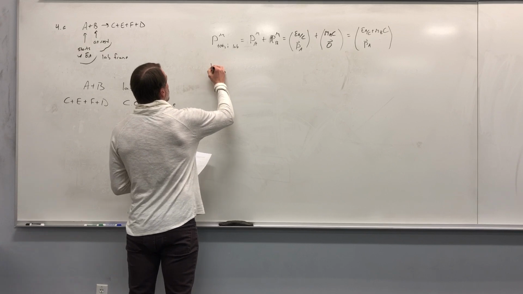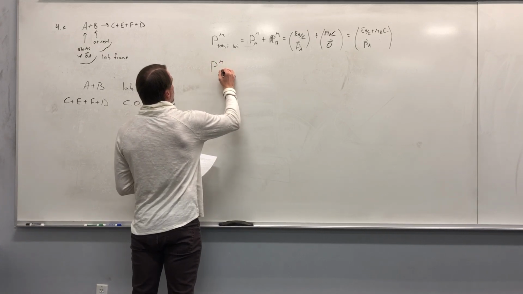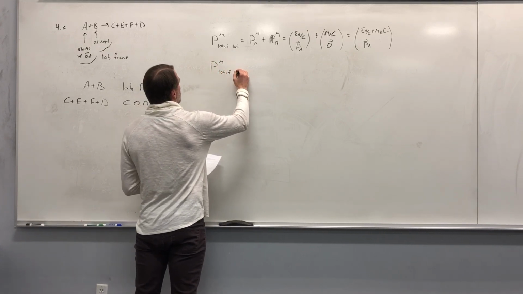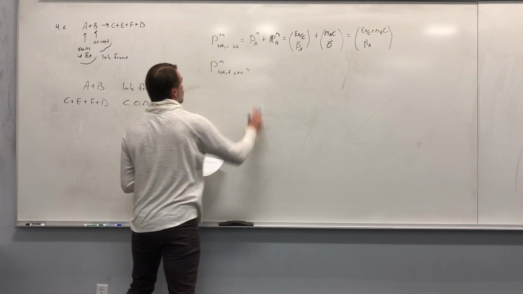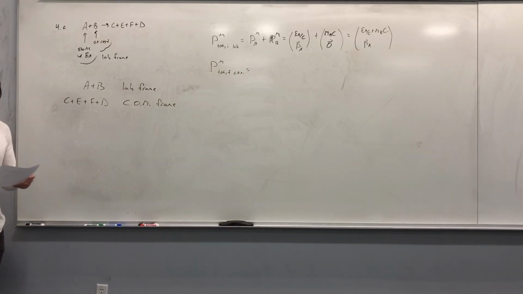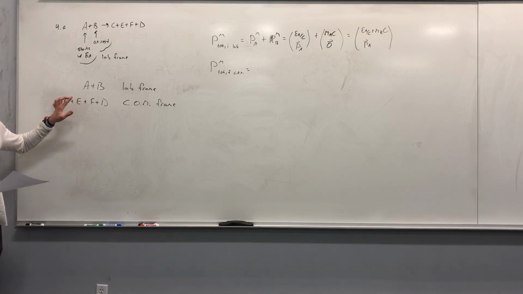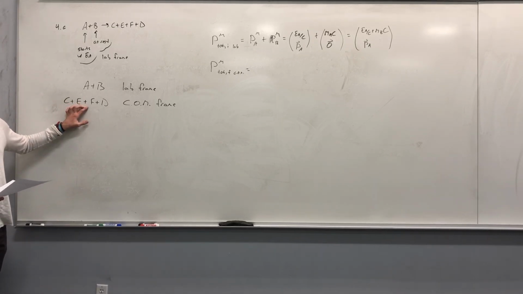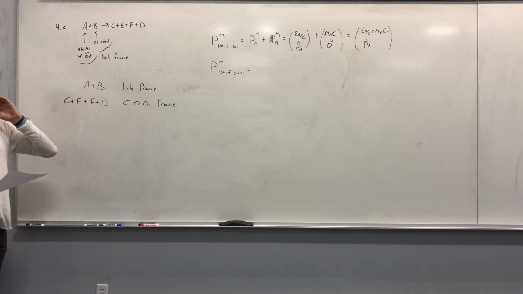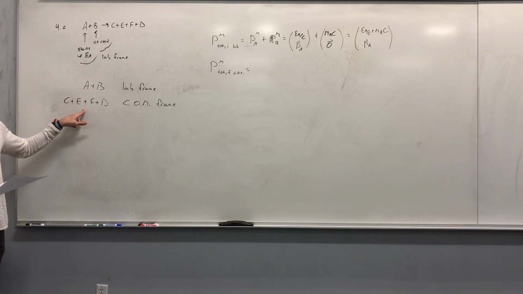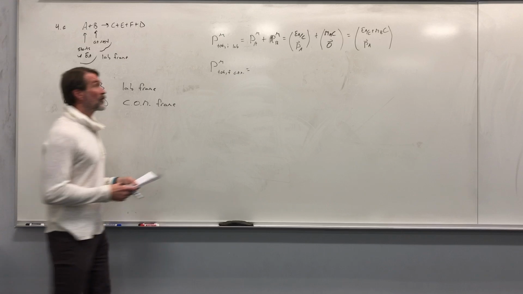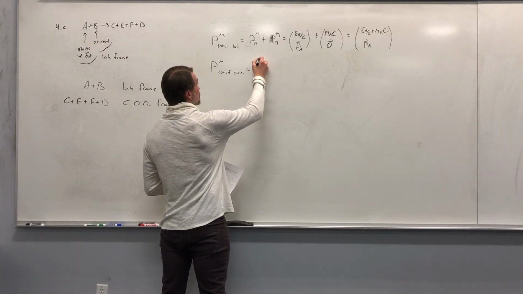Then what we can do is say, okay, what about the total four-momentum final in the COM frame? What I want to do is use the final momenta corresponding to the smallest value of E_A. That is, all of these are at rest. So what is the four-momentum of particle C in this frame?